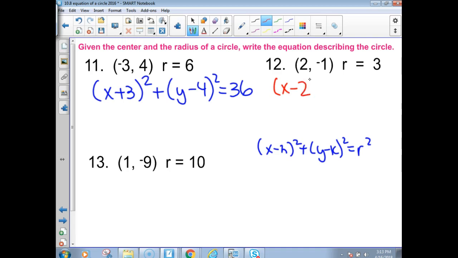Don't forget, it's got to be squared, okay? Yes, that's it. And you've got it without writing it out and then simplifying. I don't care if you guys need to write it out and simplify it. That's totally fine if you just follow that formula. All right, how about number 13? Nathan, thank you.